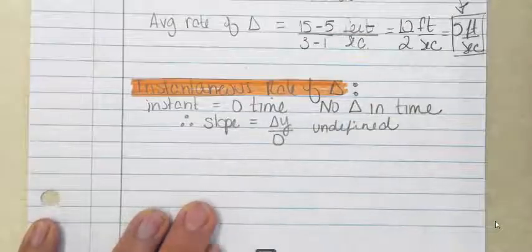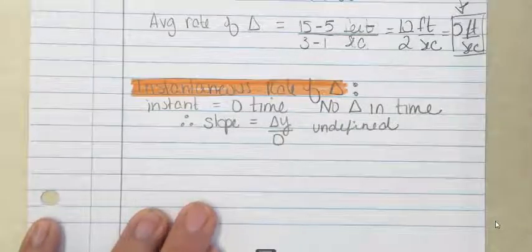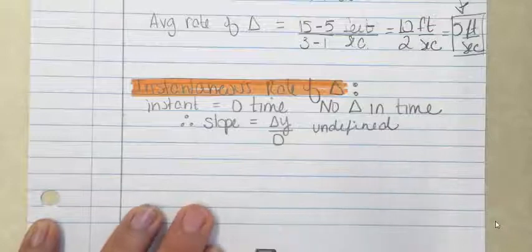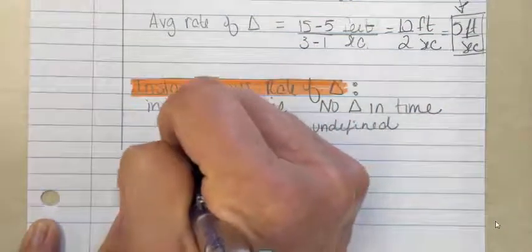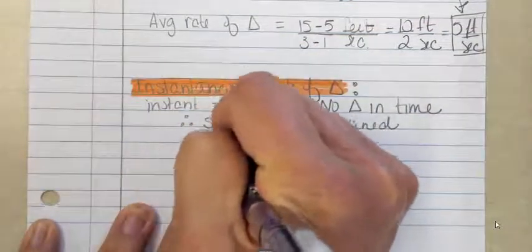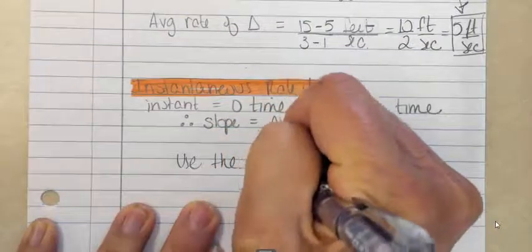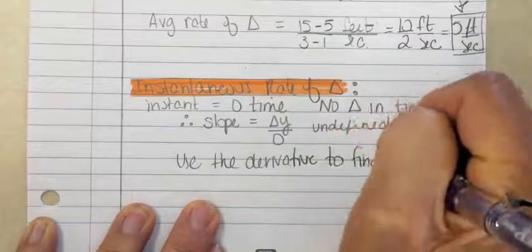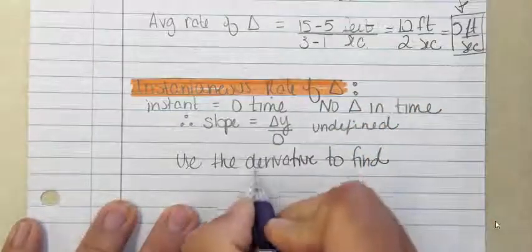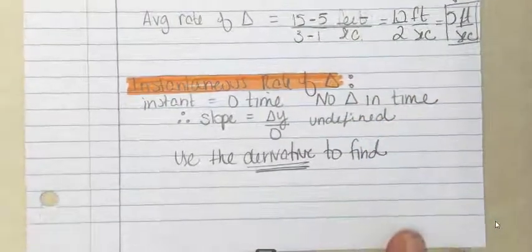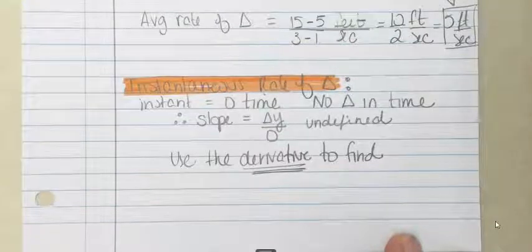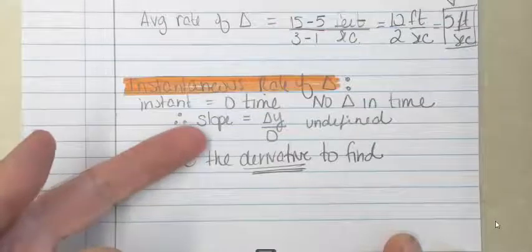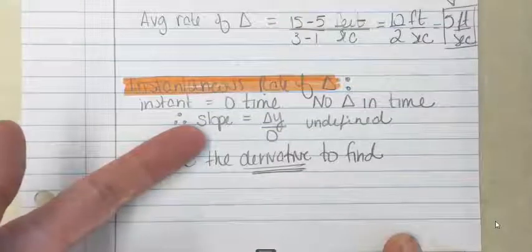So this is where calculus comes in. We're going to be able to use the derivative to find this. It's this calculus that allows us to find the instantaneous rate of change, because using the slope formula is not going to help us.